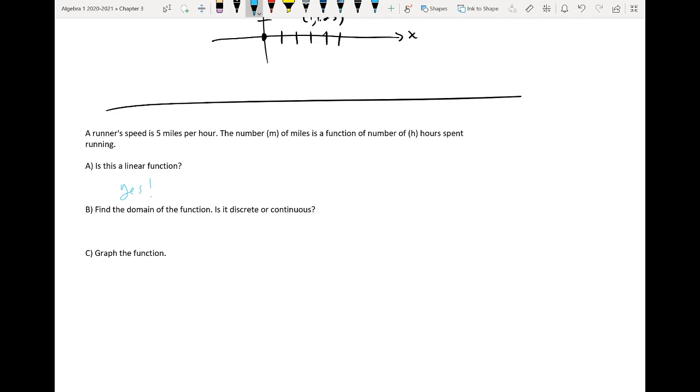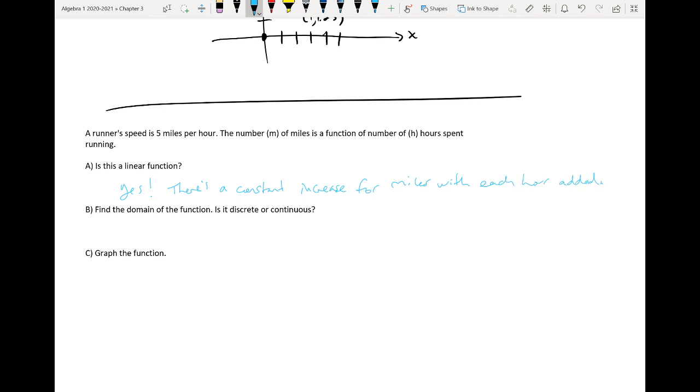So yes, this is linear. There's a constant increase, and in this case, a constant increase in miles with each hour added.